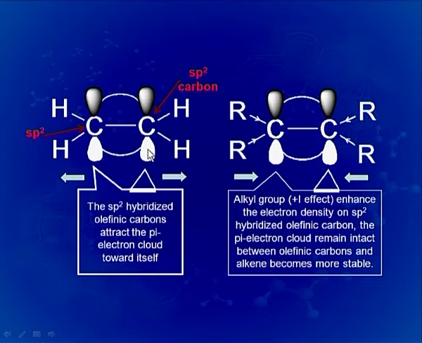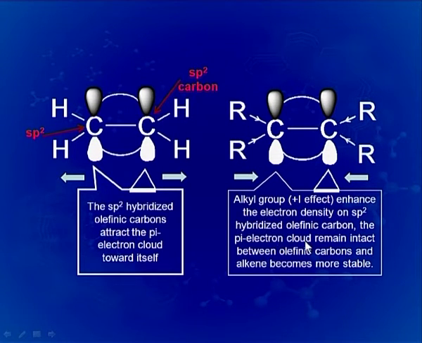Here in this figure, we have tried to show the sp2 hybridized carbons, these two sp2 hybridized olefinic carbons. Of course, they attract the pi electron cloud towards itself, while alkyl groups with plus I effect enhance the electron density on the sp2 hybridized olefinic carbons. These R groups indicate the alkyl groups.